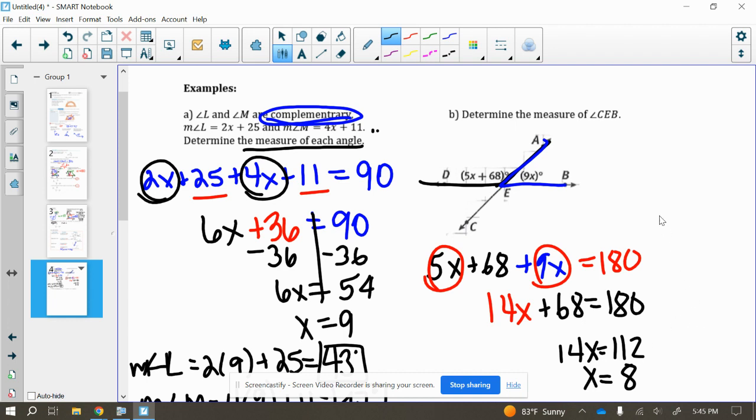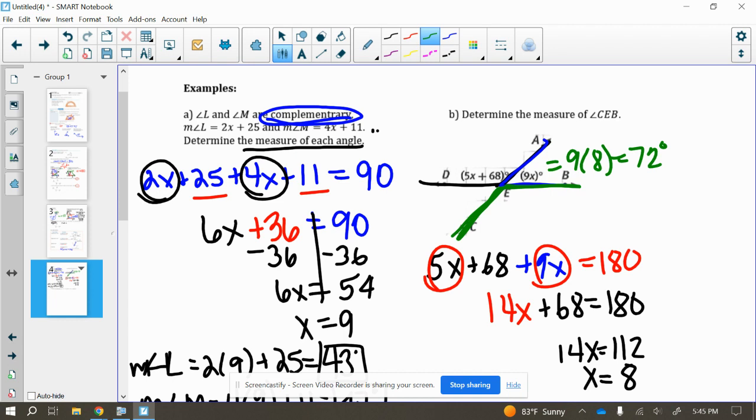Now be careful what this question is asking us for. CEB is this angle right here. They didn't give us something to plug back into for CEB. What they did give us, though, was its linear pair pal, AEB. So if we plug 8 back in here, we see this is 72 degrees.